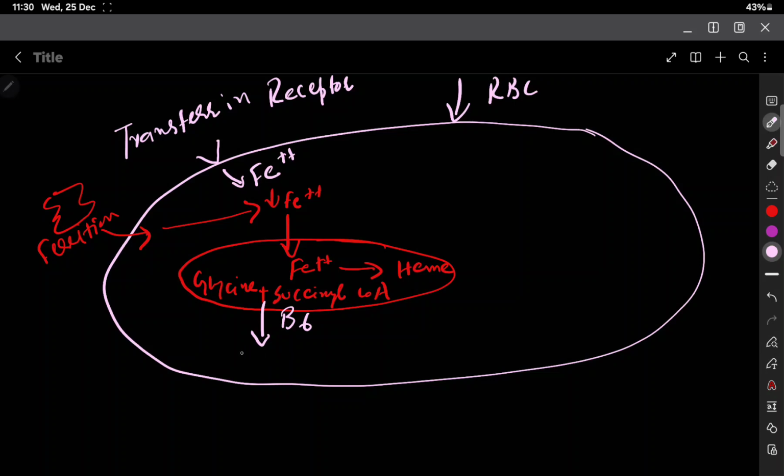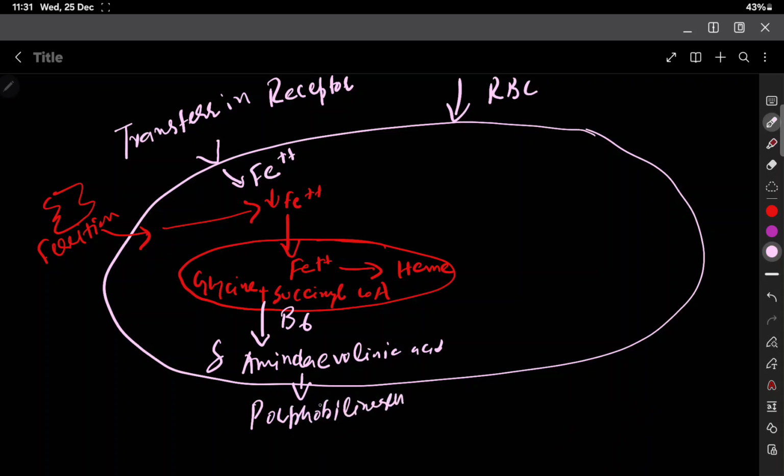First there will be formation of alpha amino levulinic acid. Then there will be porphobilinogen, and this all occurs inside this cell. I don't have space here, that's why I am writing it down.